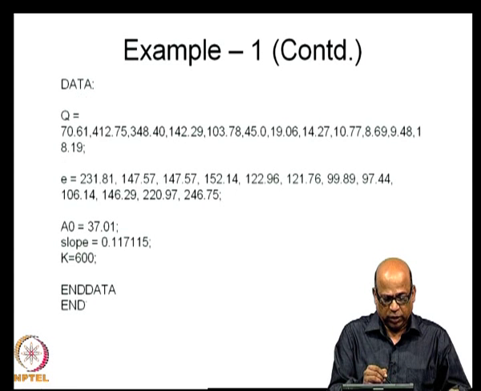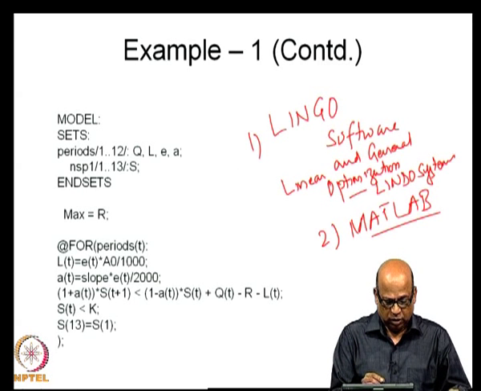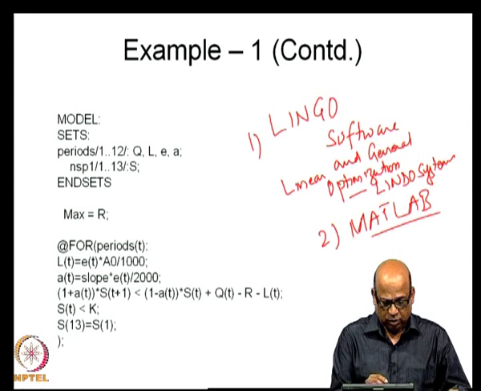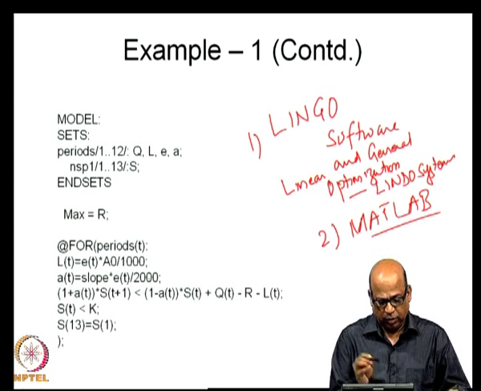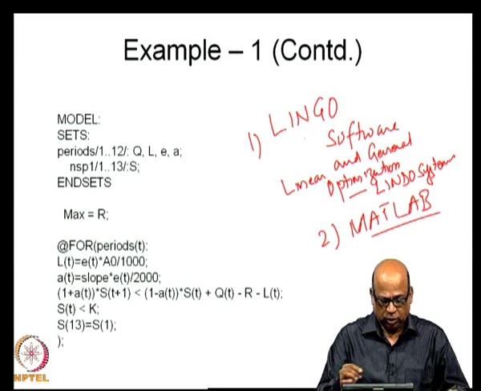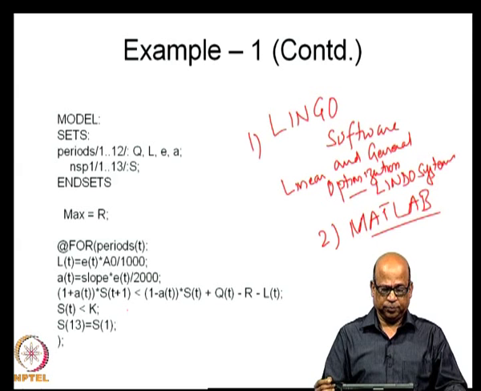The format is like this: data, you specify q 12 values, E 12 values, and A naught like this, and slope is this, and k is equal to 600. Remember here this 1000 that is coming is because we are converting E t into meters. Similarly, here it was A E t by 2, and then I have divided by 2000. So, this is a simple problem, simple model. You can use the Lingo software and then solve using this particular format.